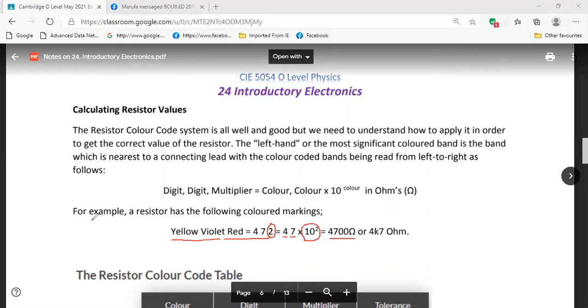So you write here, for example, a resistor has the following colored markings: yellow, violet, and red. 472. Then you come till here. Done.